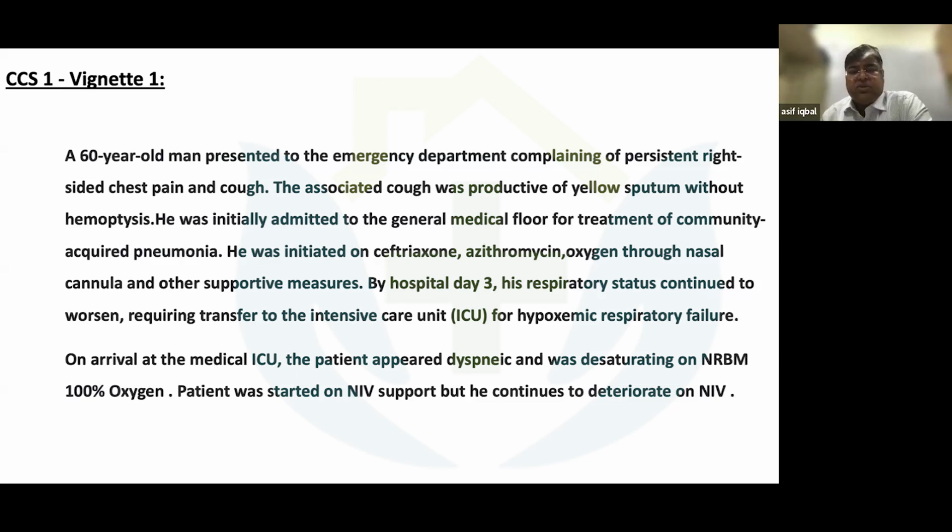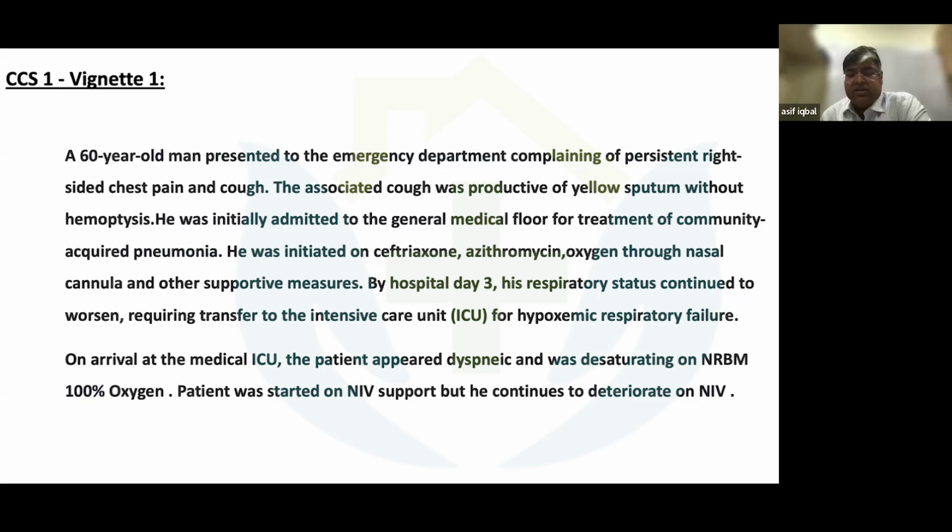cough associated with productive sputum, yellow in color, and a little bit of hemoptysis. He was admitted to the general medical floor for the treatment of community acquired pneumonia, and was initiated on ceftriaxone, azithromycin, oxygen through nasal cannula, and other supportive measures.